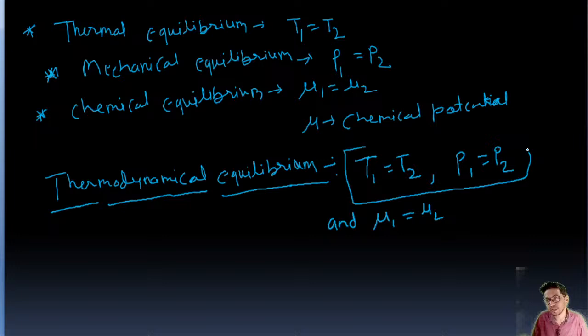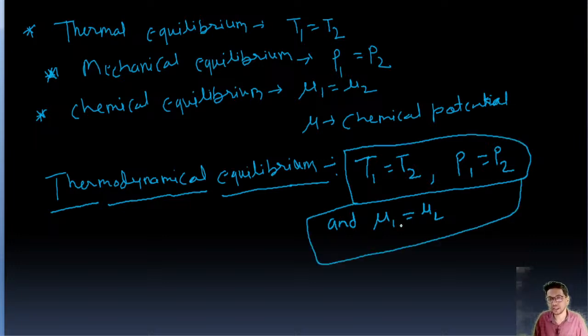If these conditions are satisfied, then the system is in thermodynamical equilibrium, when the temperature T1 equals T2, pressure P1 equals P2 and mu1 equals mu2, right?